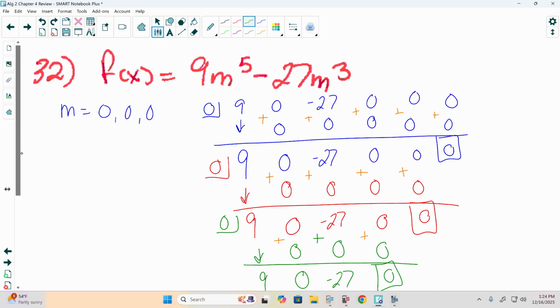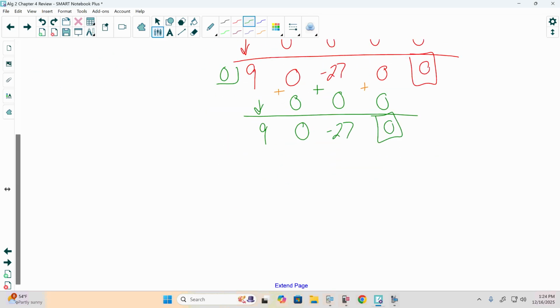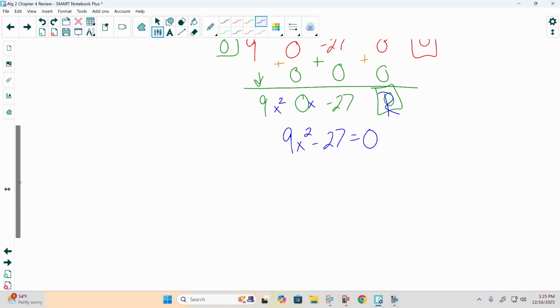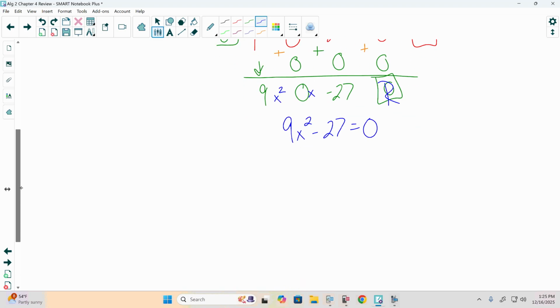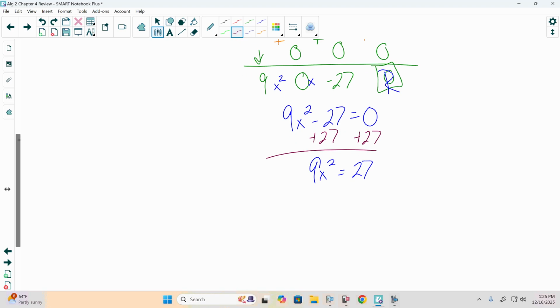But if we do fill the variables back in, the remainder, constant, x squared is telling me that I have 9x squared minus 27 is equal to 0. No middle term, so square root method. Add 27 to both sides. That tells me that 9x squared is equal to 27.